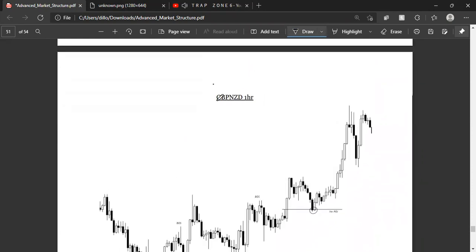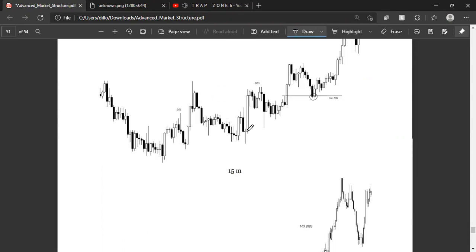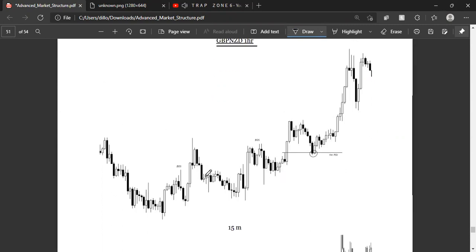In this example we have GBP NZD on the 1 hour. So what do we see the 1 hour structure doing? We see a liquidity grab, and then a minor break of structure and a retest. Another break of structure and a retest.